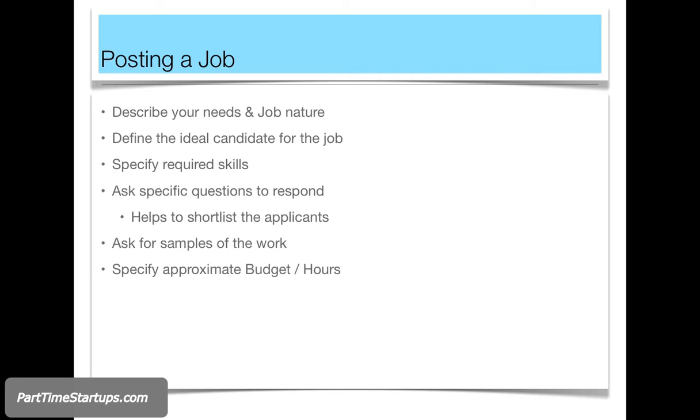And another very important thing is to specify the budget or hours, because some agencies don't even look at job postings which give less than 20 hours per week, or on full projects they don't even bid for a project which is less than $5,000 total budget. So think about it from that angle, and try to be close to what you can afford in terms of budget and hours.